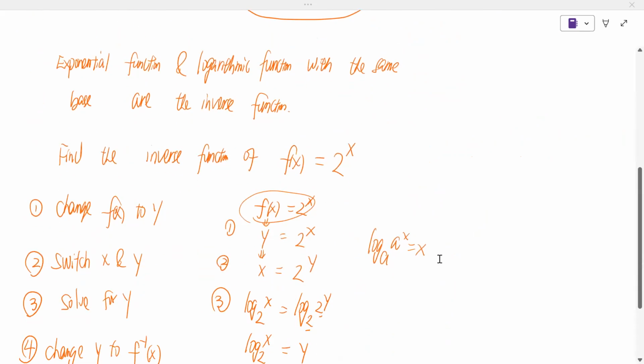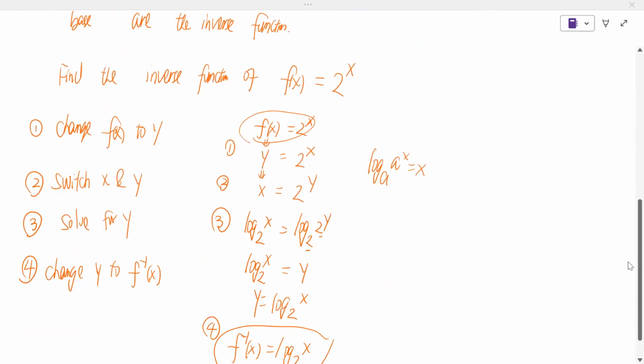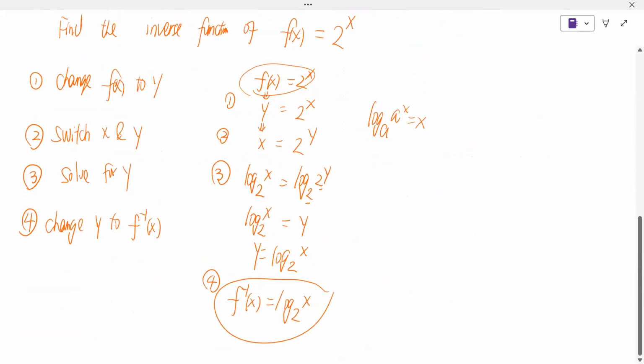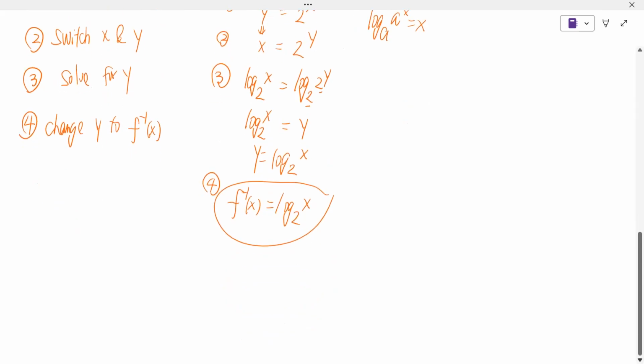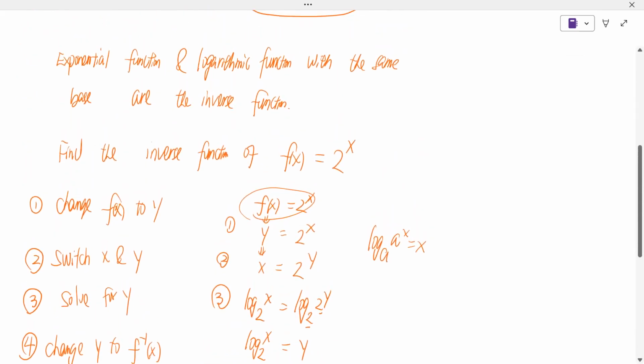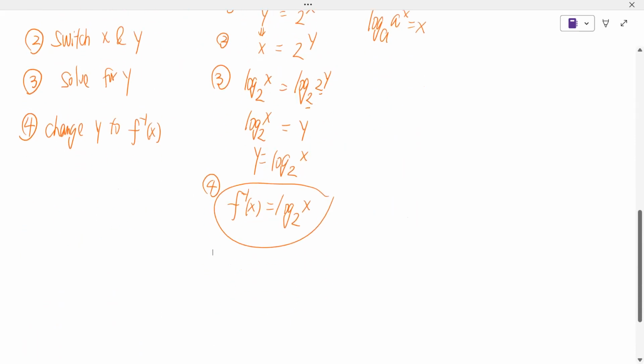No problem. So that's basically about inverse, right? There's no exercise on this. So next thing we're going to talk about is the logarithm function. And we can pretty much tackle that because it's an inverse of the exponential function, right?